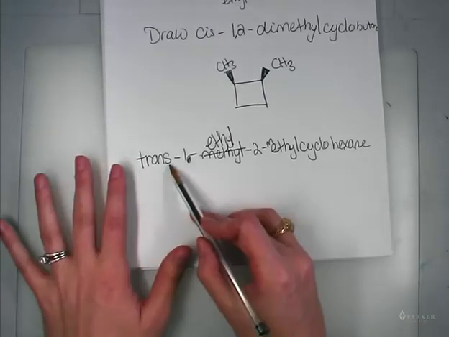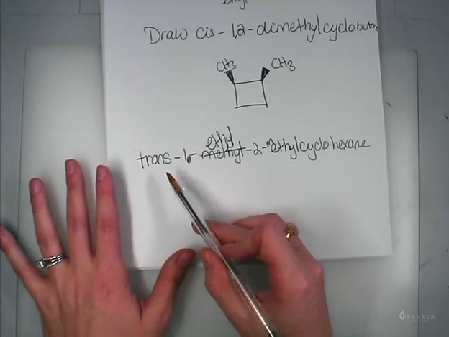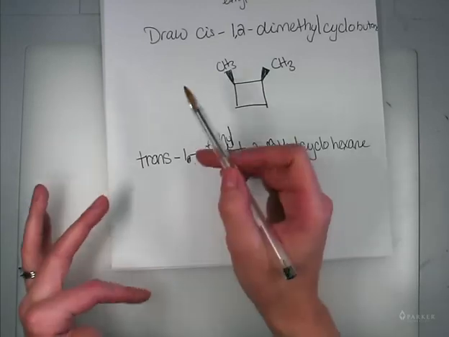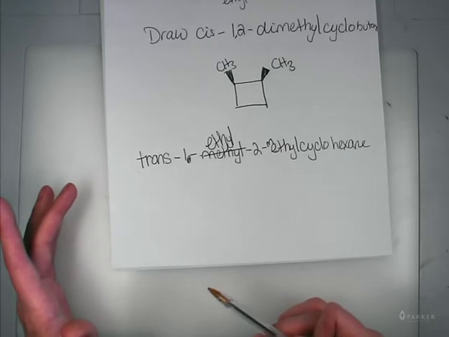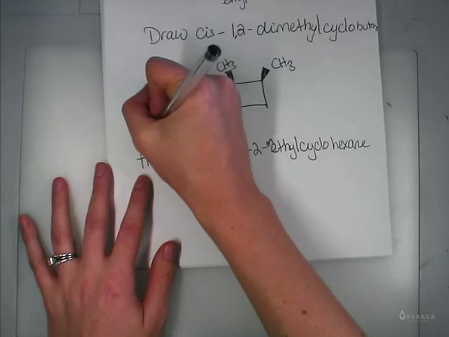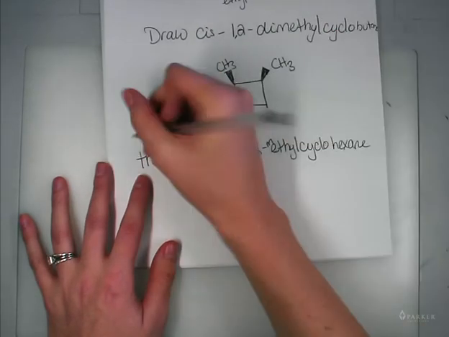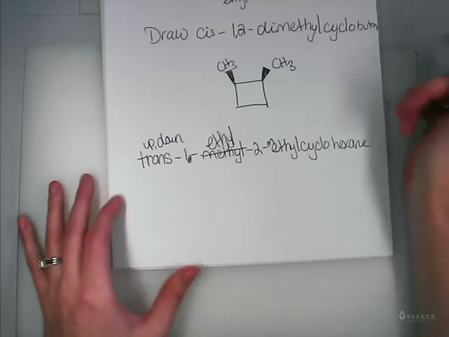So ethyl, methyl. Okay, so trans tells us what? They're opposite sides. So are we looking at direction or axial equatorial? Direction. So if one's pointing up, the other one is pointing down. And axial equatorial doesn't matter, okay?